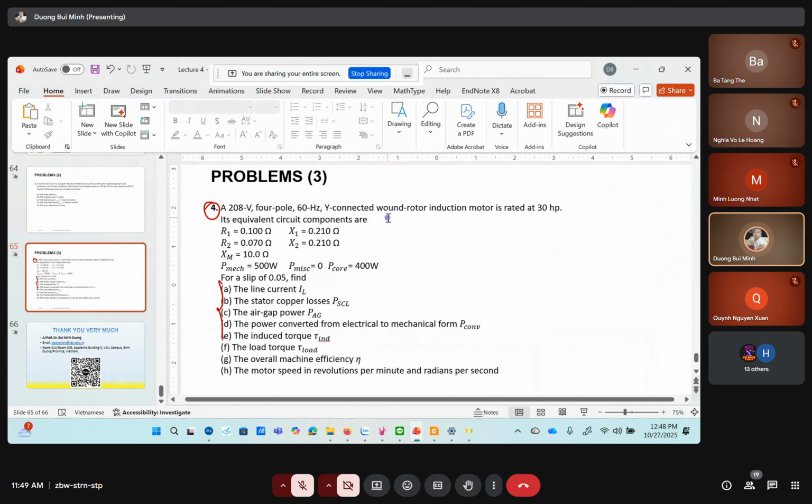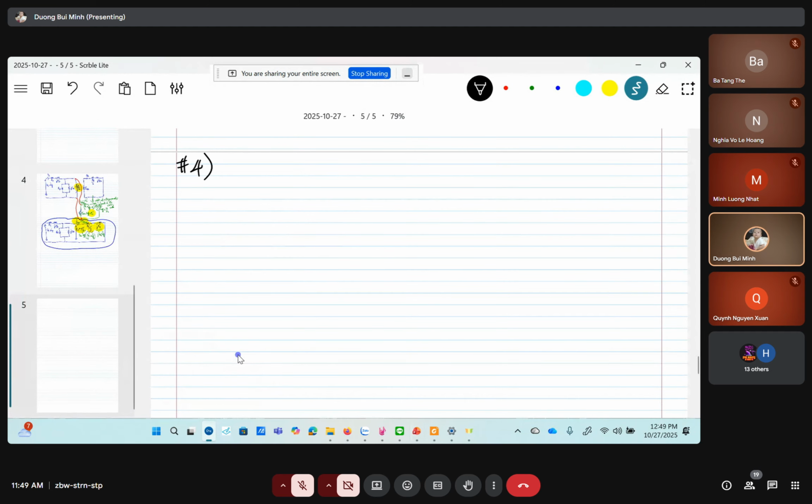We have a wound rotor induction motor, 3-phase, Y connection.